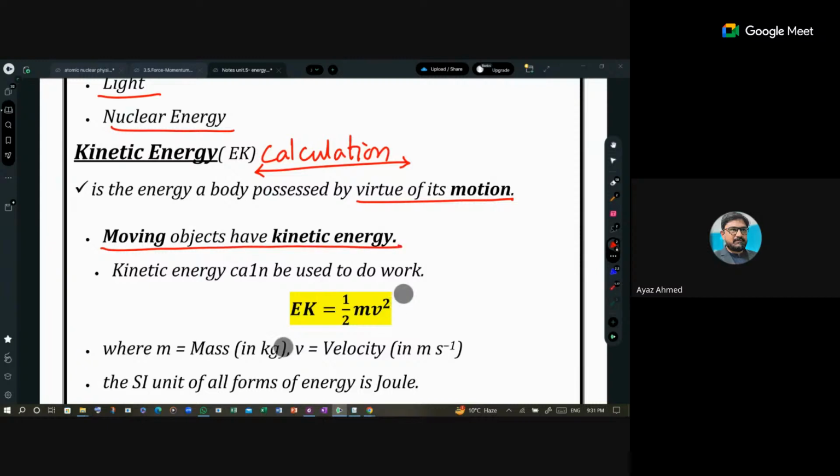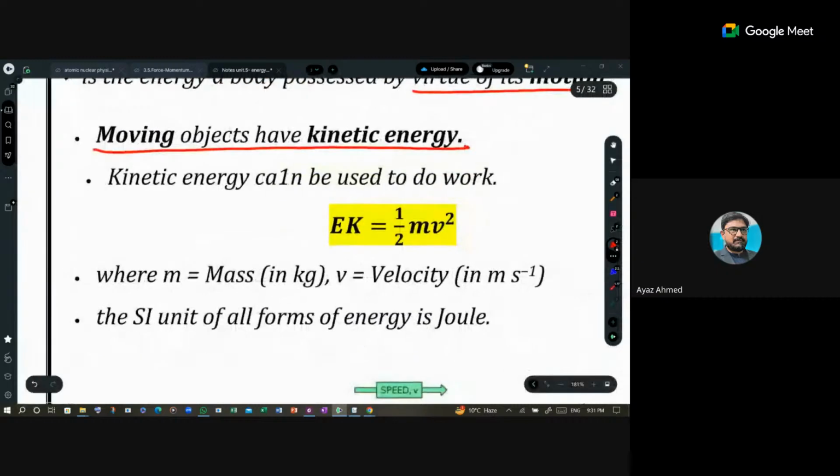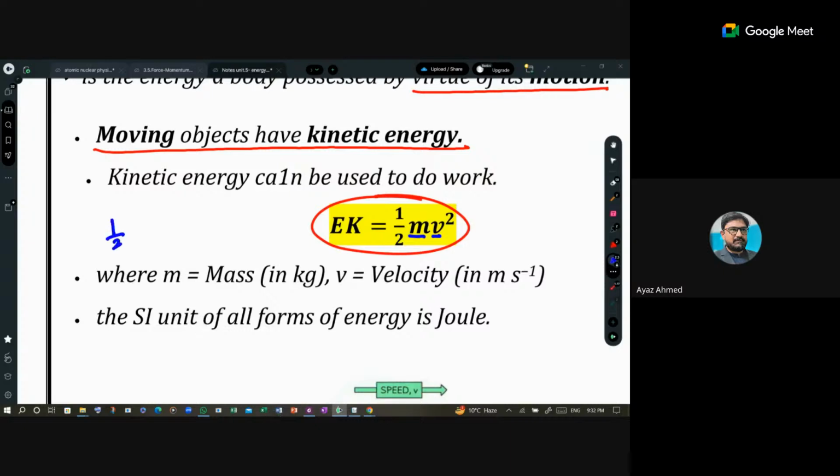So definitely they must have some motion. If I consider m as the mass of the body and v as the speed or velocity of the body, it does not matter because it is squared, then the kinetic energy formula is half m v squared. So you have to recall it.